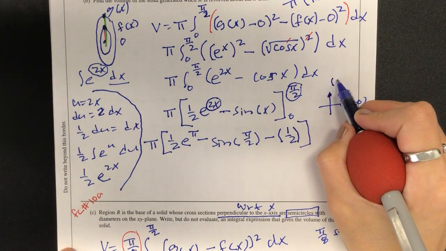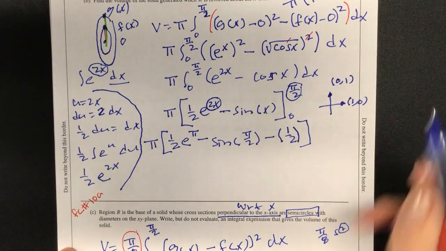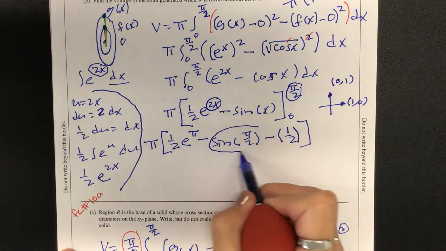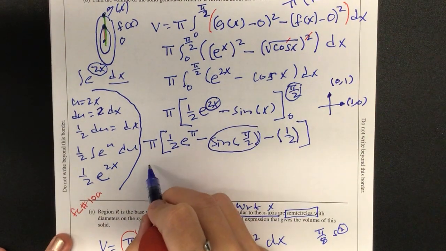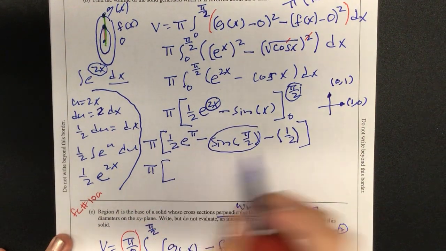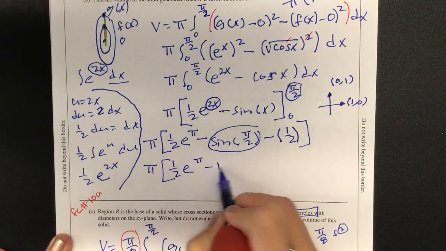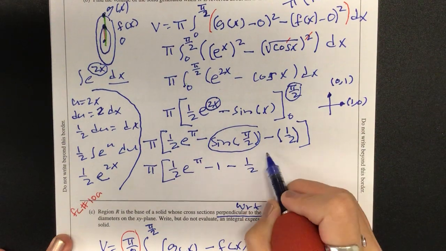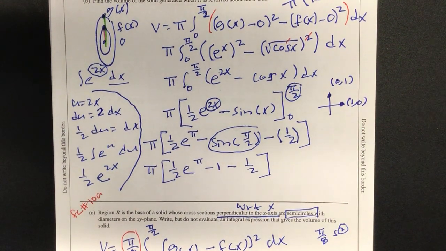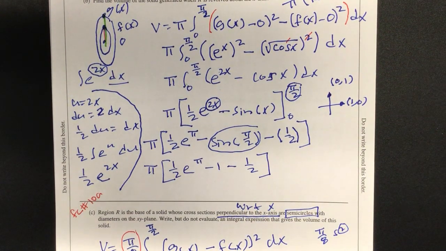Top has the value of 0 comma 1. So sine of pi over 2 is how many? 1. So I'm going to write on here half of e to the pi minus 1 minus 1/2. And as long as everything has been evaluated, as in what is sine of pi over 2, what is sine of 0, you don't have to go on any further.